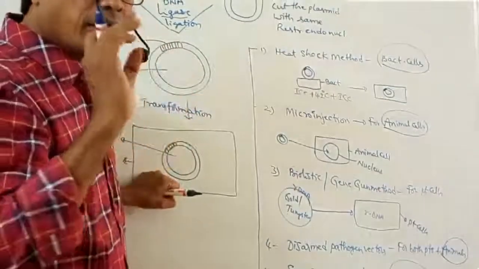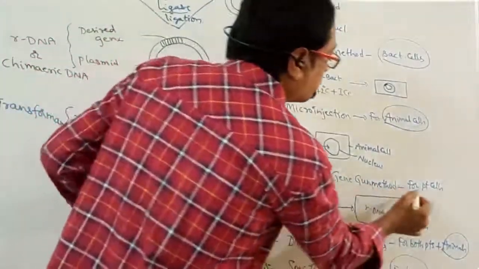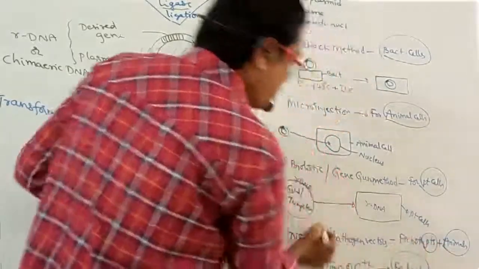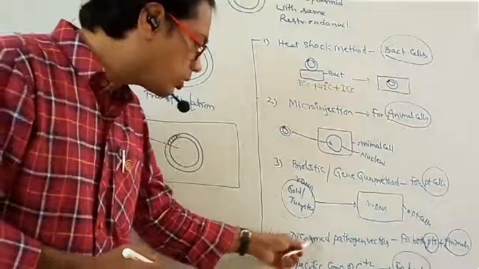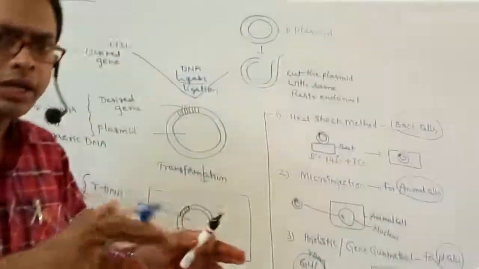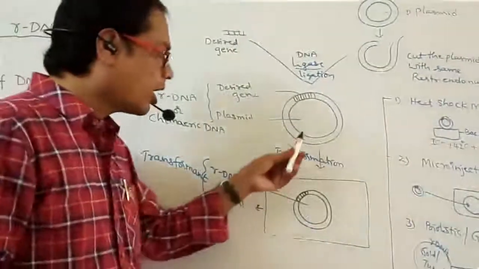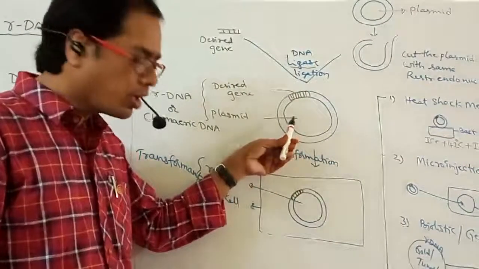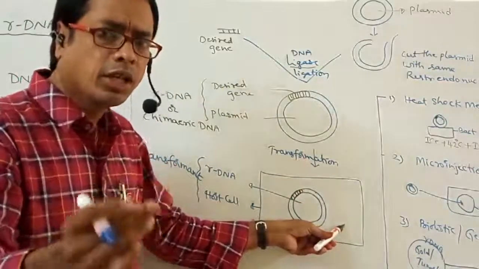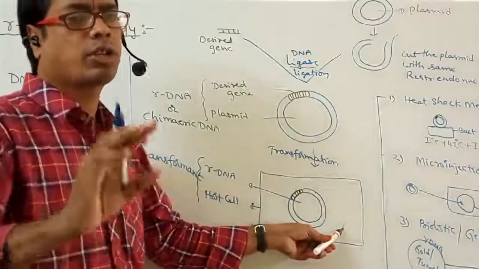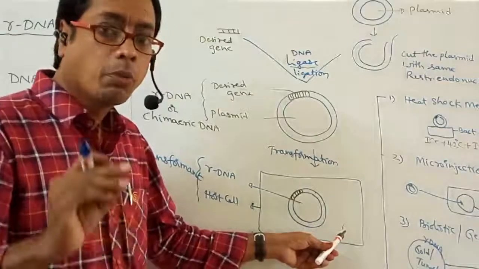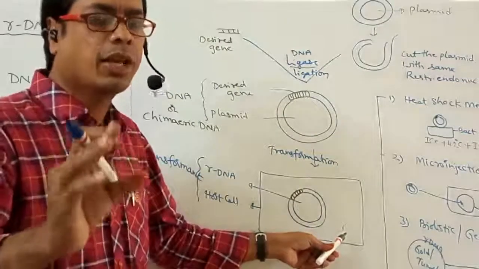For plant cells, biolistic method and disarmed pathogen vectors. Disarmed pathogen vectors are used for both plants and animals. So whatever the method, the rDNA enters into the host cell. If the host cell is bacteria, heat shock method or calcium concentration. If it is a plant cell, biolistic or gene gun method.